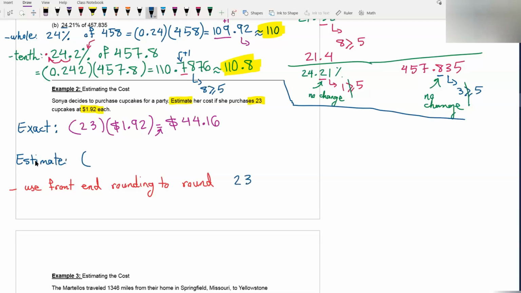Here we have 23. The first number that you see from left is this one, 2. Looking to the right of this 2, we have 3. So ask yourself if that is greater than or equal to 5. If it's not, there is no change.